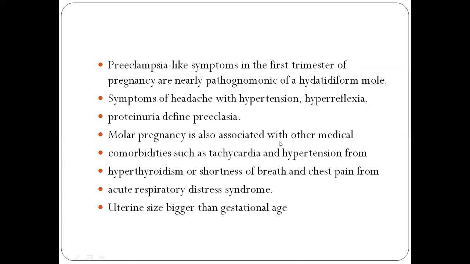It will show what is called a snowstorm appearance because of the presence of fluid in those vesicles and the tissues. So it gives white and black areas. You might have large ovarian cysts, what we call theca lutein cysts, because of the stimulation by the beta-HCG hormone.